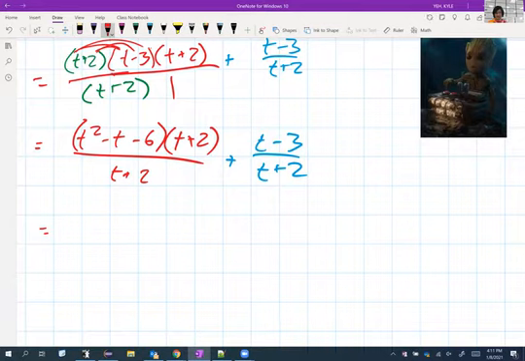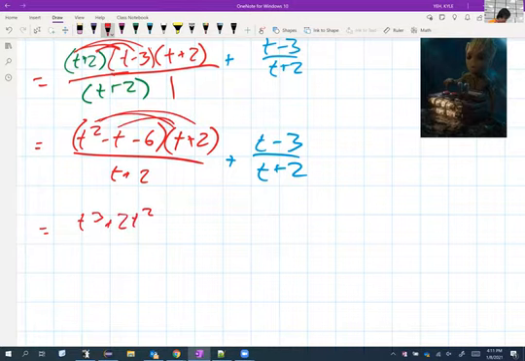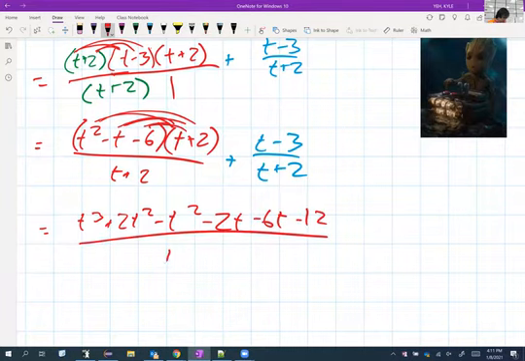So, okay, I got to multiply again on the left-hand side. So t cubed plus 2t squared minus t squared minus 2t minus 6t minus 12 over t plus 2 plus t minus 3 over t plus 2.